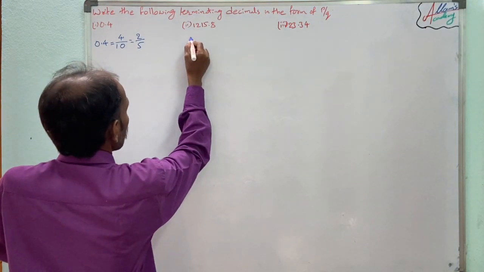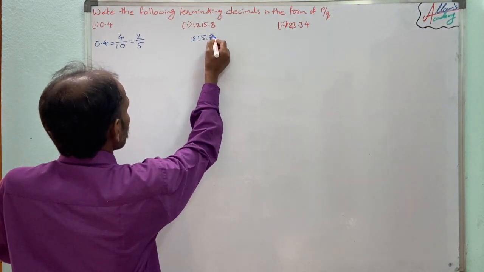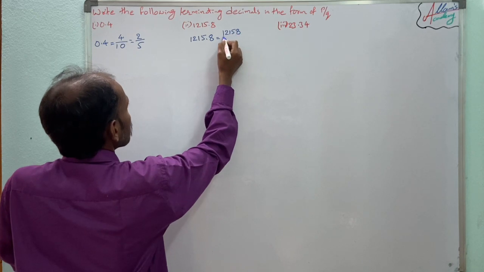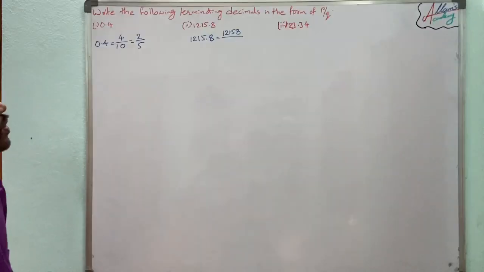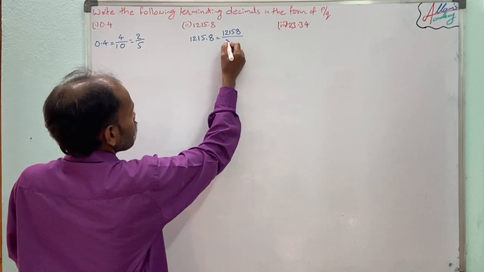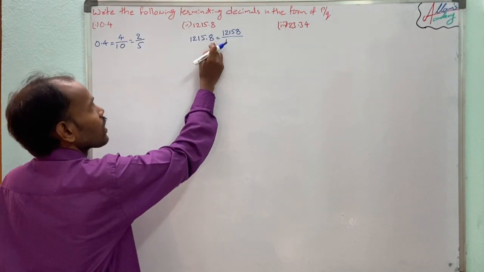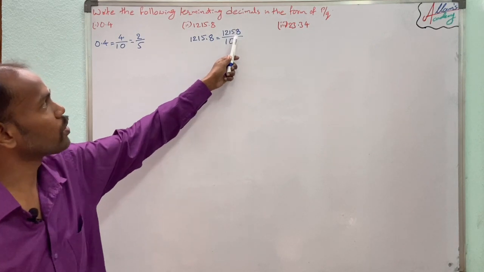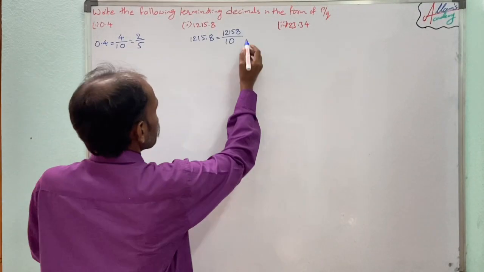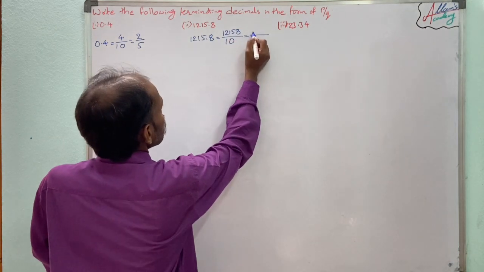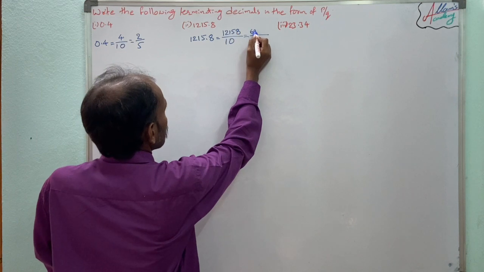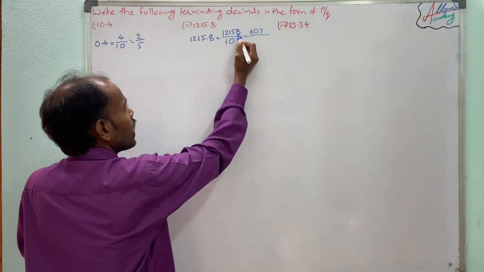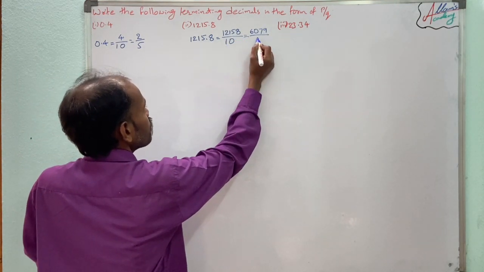The next number given is 1215.8. Now the numerator is 12158, and the denominator, since the point is removed, is 1 and one 0 for the one digit after the point, so 10. Now both numbers are in the 2 table, so if we solve, 2 sixes are 12, 2 sevens are 14, 2 nines are 18, and 2 fives are 10.